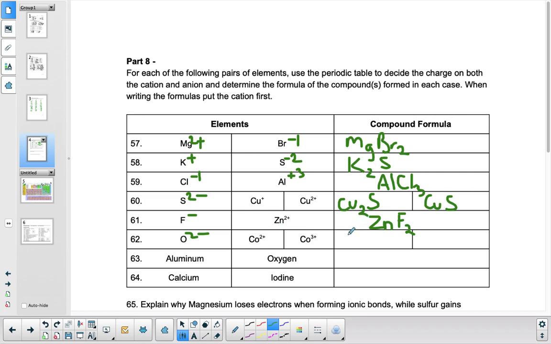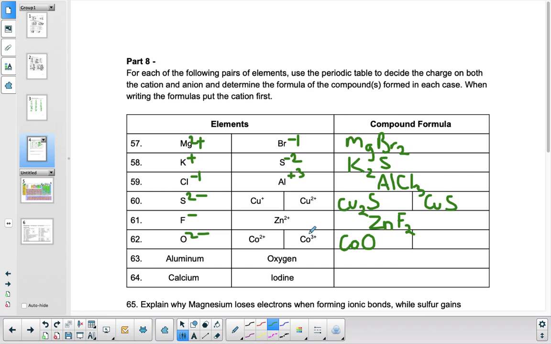We don't need to do anything with those. But when we get to Co +3, it's going to get a little tricky again. So this is where, right now, we have oxygen -2, cobalt +3.